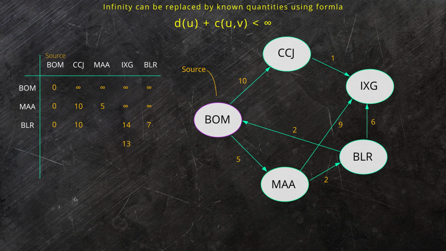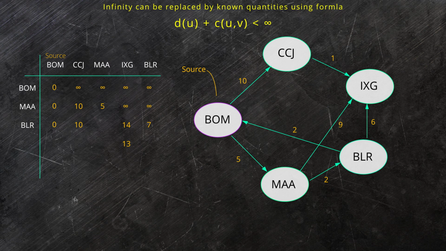Now BLR to MAA. Is there a route from BLR to MAA? There is no route from BLR to MAA. And MA is already selected. So that will be left blank. Now, is there any other vertex where you can choose from BLR? No, there is no other vertex that can be chosen from BLR. And the only route from BLR will be to IXG, and that is weightage of 13.